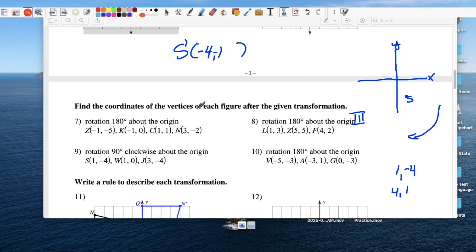Where's W? W is (1, 0), 1 to the right. Well, W is right here. We'll change colors. That's W. W is going to go clockwise from this axis to this axis. So W prime: if the number is (1, 0), if you switch, it becomes (0, 1). But it's not (0, 1), but (0, -1). So W prime is right here.